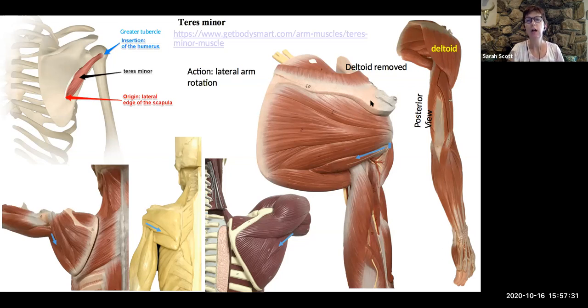Okay, so here with the deltoid removed, you can see this is supraspinatus. This fairly large muscle here is the infraspinatus. And then down here, we have the teres minor. So these three are all visible on the surface of the scapula.